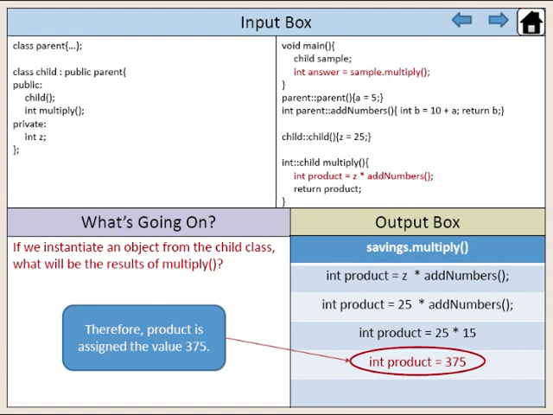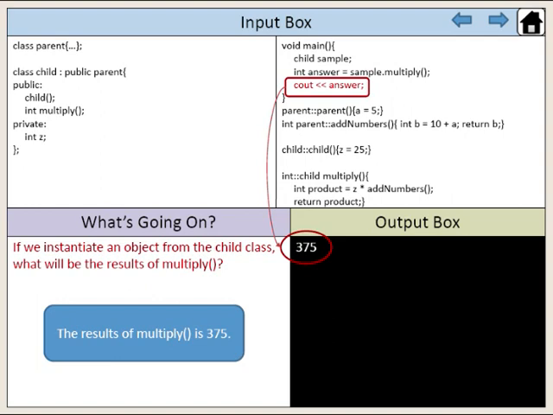Therefore, product is assigned the value of 25 times 15, or 375. So, the result of the class function multiply is 375.